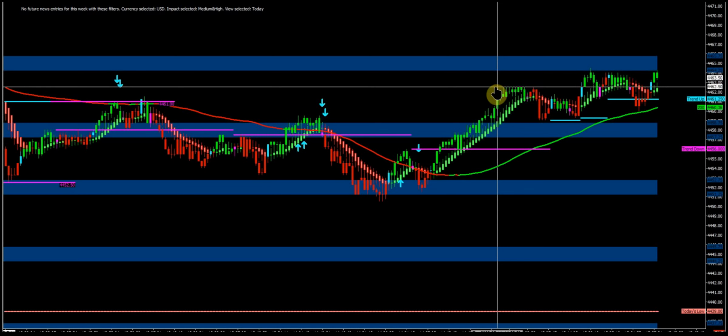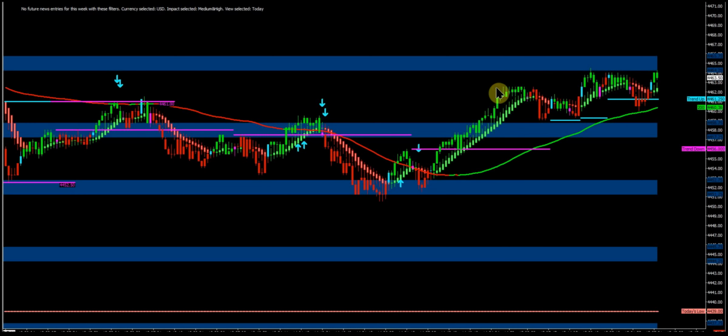44.63.25, 63, 62.50, pulls back a little bit, 63.25, right here. Hit it right there, 15.20. Now what? If you weren't in the trade, you're looking at these levels as support. So I could draw a line right across here.